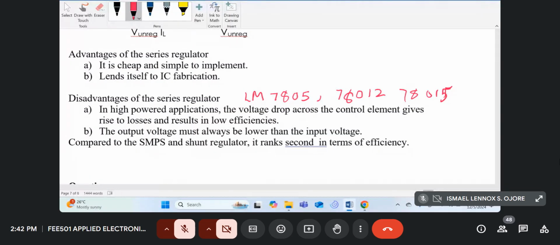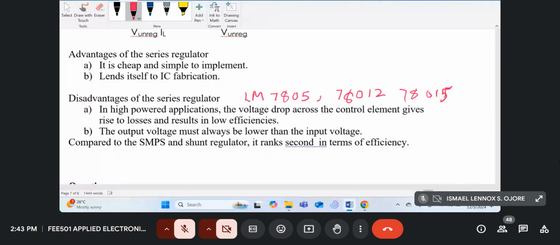That's what that means. And B, the output must always be lower than the input voltage. Of course, for the current to flow through the power transistors, or the control element, the input voltage must be greater.